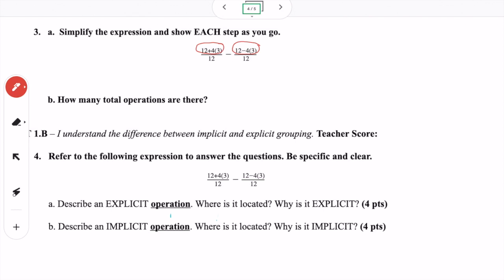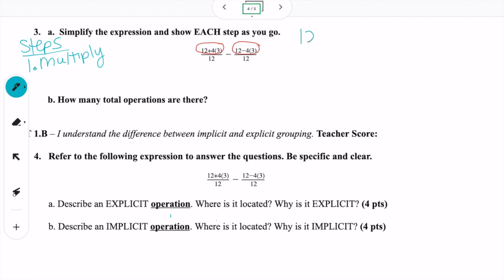So let me list my steps over here. Inside of those implicit groups, there is addition and multiplication. We're going to multiply before we add. Even inside of those little groups, we still use the order of operations. So we're going to multiply 4 and 3, and that gives us 12. Let me rewrite.